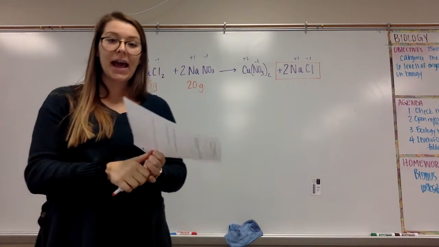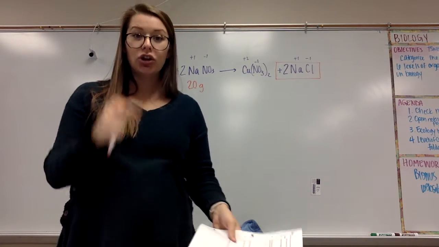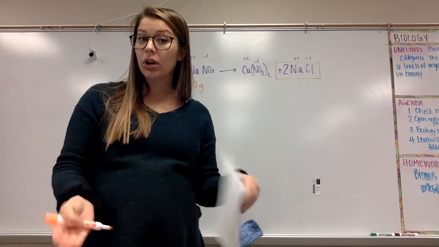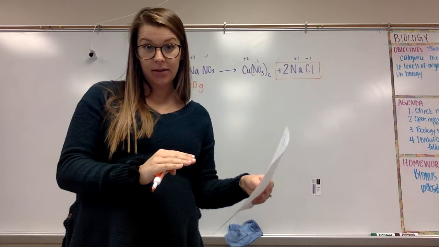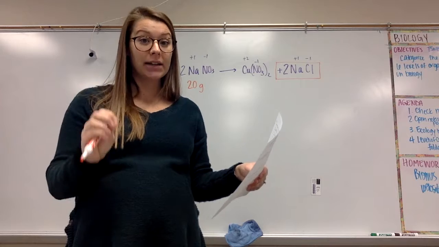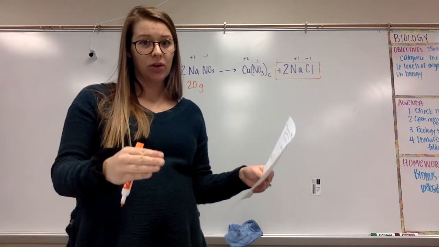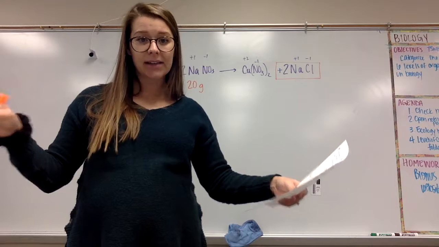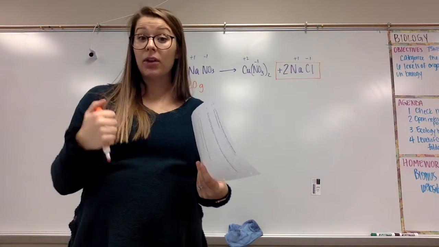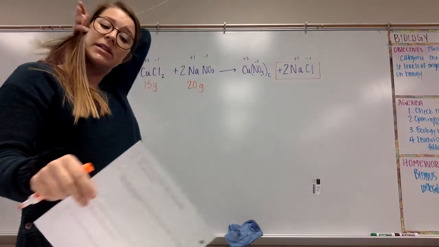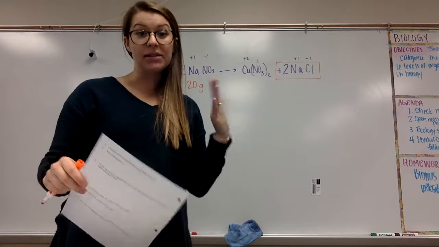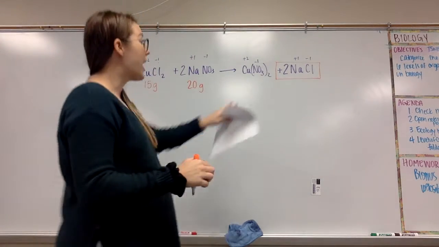If it asks how much, you can go to moles of that substance or you can go to grams of that substance. Okay, it doesn't matter. If it specifies that you're trying to get to grams or moles, then that's what unit you have to go to. If it just generally says how much, then you can choose moles or grams because it's not giving you a specific unit. So for this one, I am going to go just to moles because it's a shorter problem, okay?